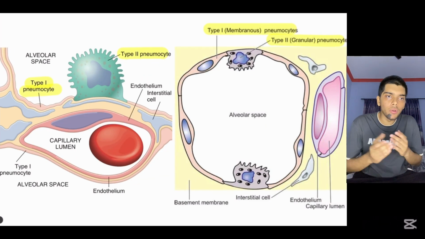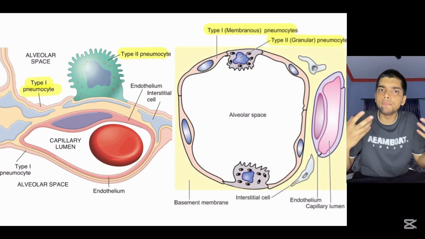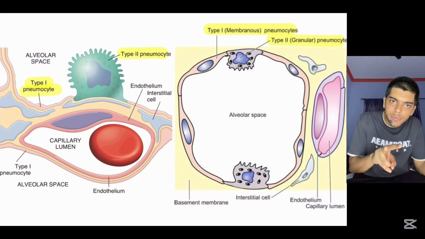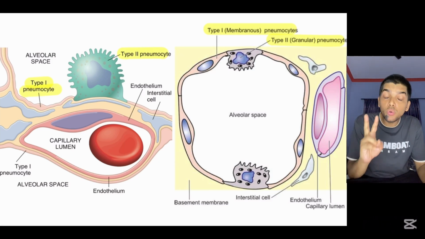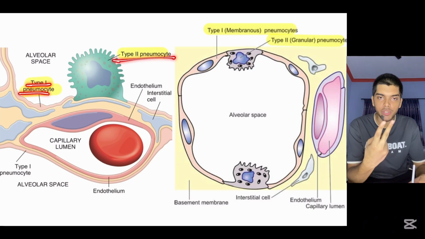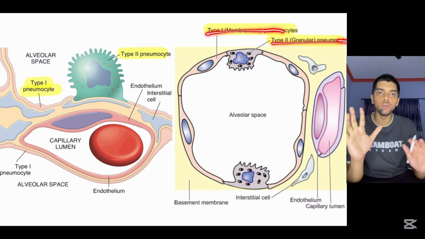Lung. So if you look at the lung parenchyma, you will see lots and lots of air-filled spaces, and these are your alveoli. Alveoli are lined by two types of cells, type 1 pneumocyte and type 2 pneumocyte.